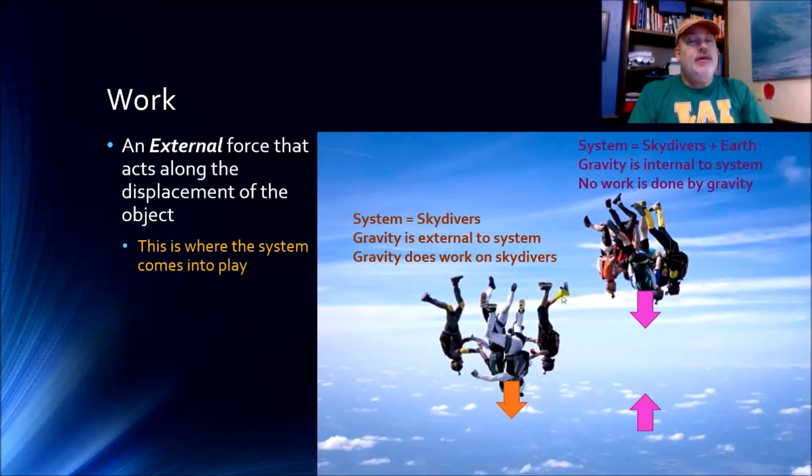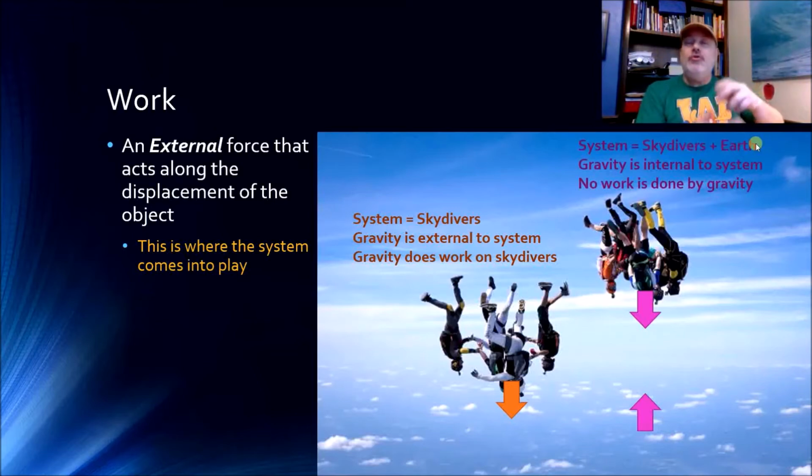Now, on the other hand, if we define our system to be the skydivers and Earth together, then gravity is now an internal force in the system and will not be external, so it won't be doing any work. So how do we describe how the skydivers speed up in this case? Well, because we have included the Earth down below and the skydivers above together, now they have gravitational potential energy.